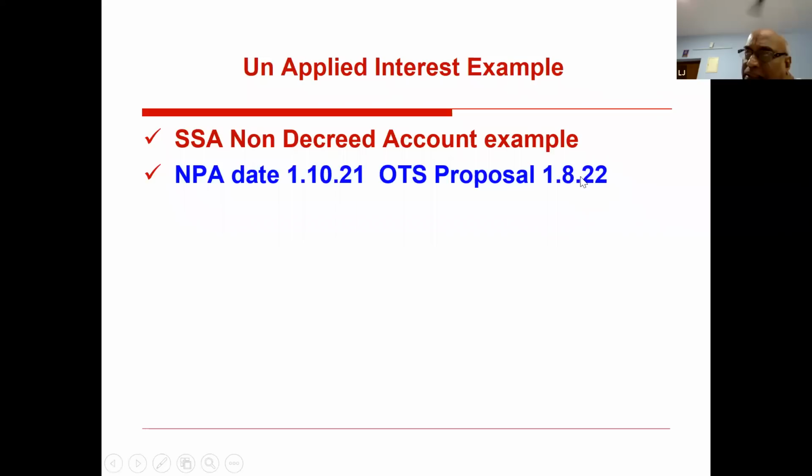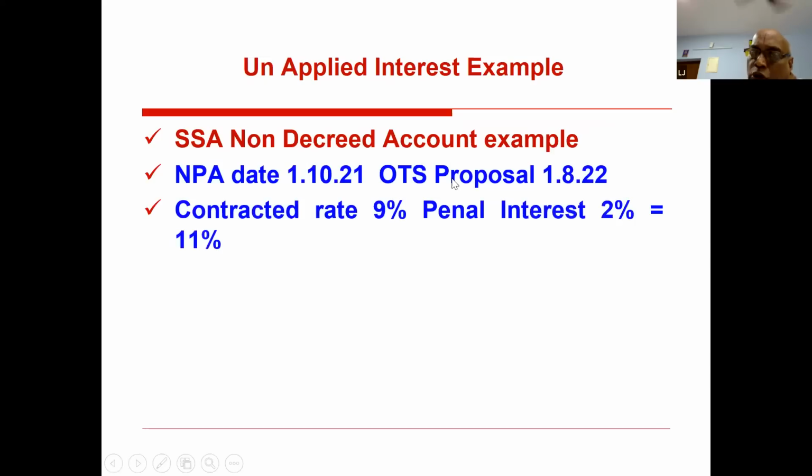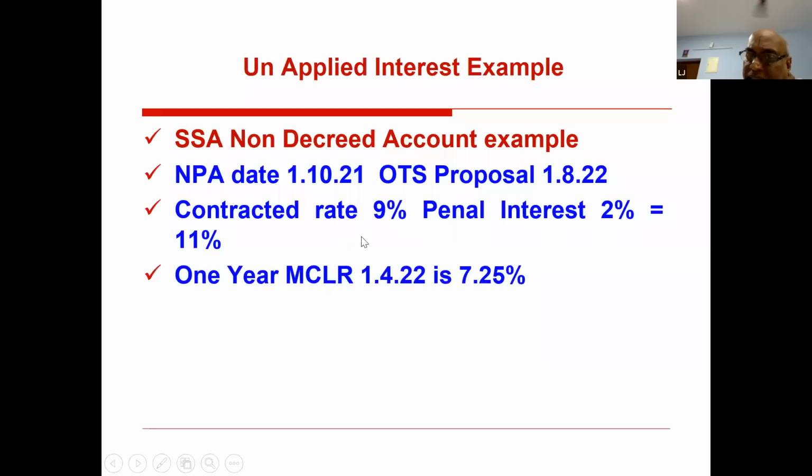OTS proposal is 1/8/2022. Contractual rate is 9%, penal interest is 2%, so both put together is 11%. Then you find out 1 year MCLR on 1/4/2022, it is 7.25. Plus 1.25, you get 8.50.